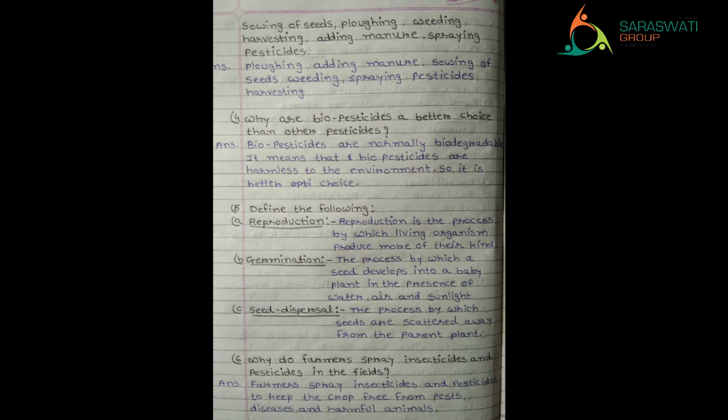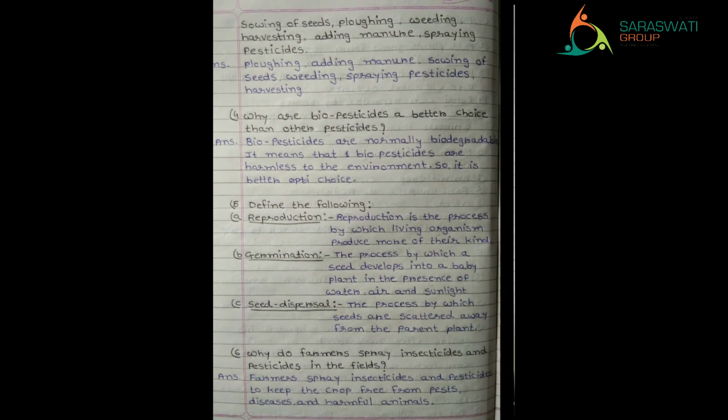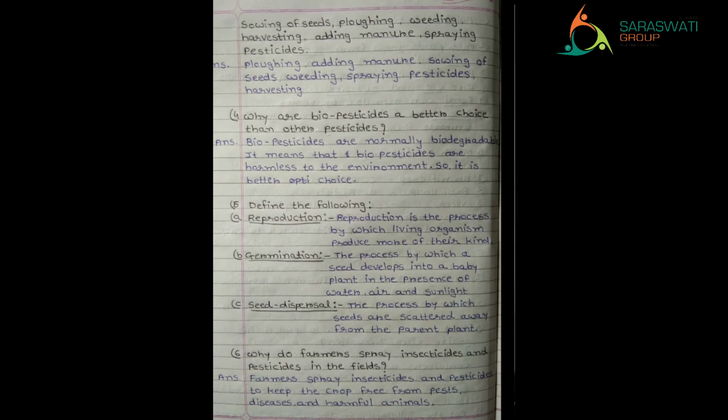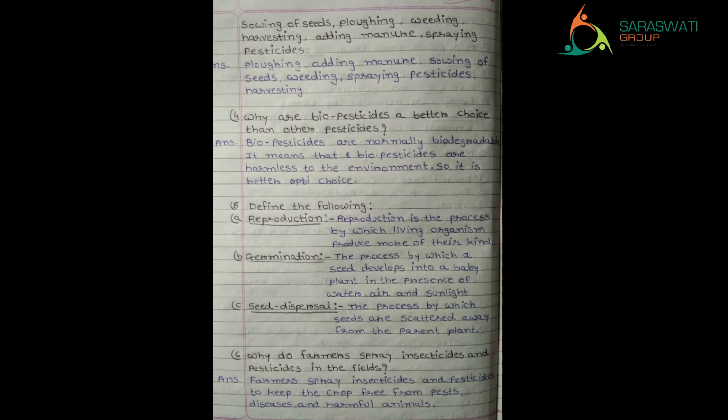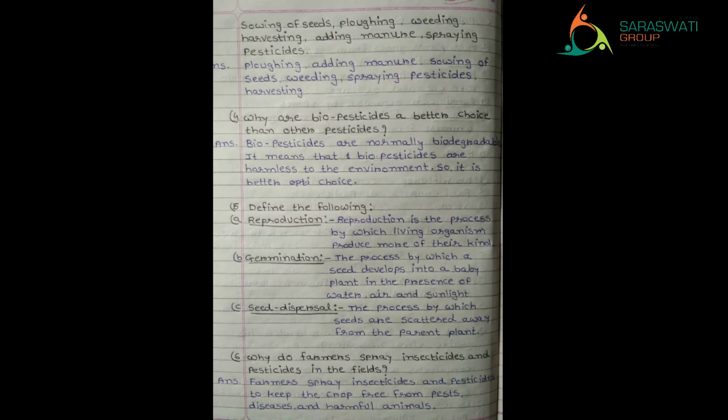Now, moving to the sixth question. Why do farmers spray insecticides and pesticides in the field? Right? Why do they spray the medicine? So see the answer. Farmers spray insecticides and pesticides to keep the crop free from pests, disease and harmful animals, because these insecticides and pesticides have a very foul smell.